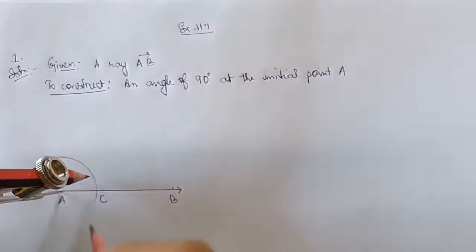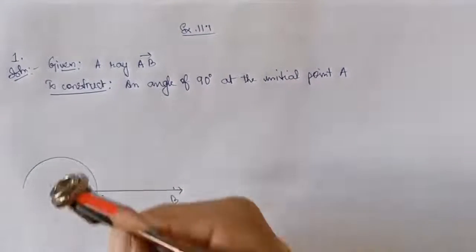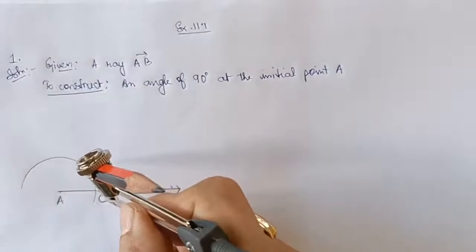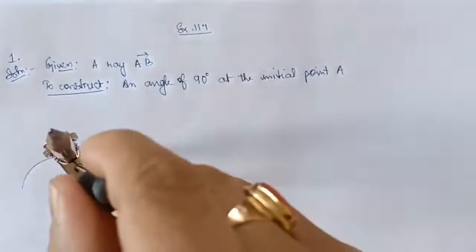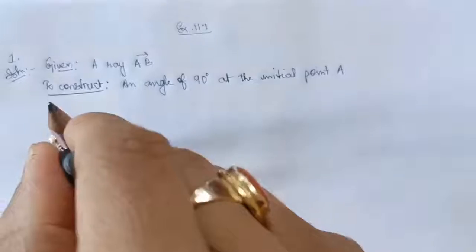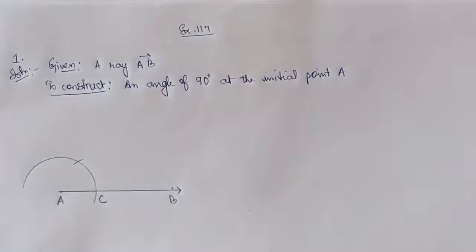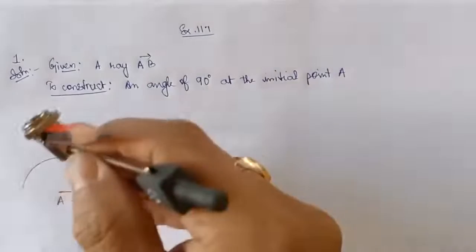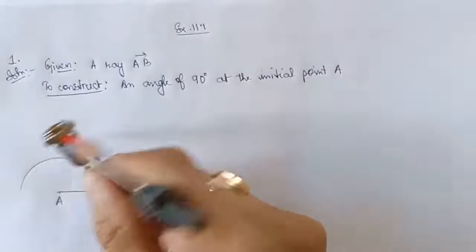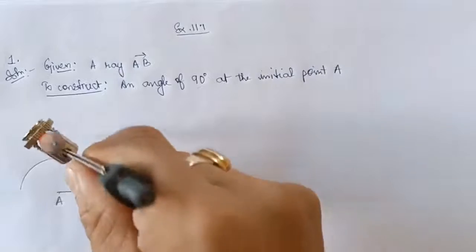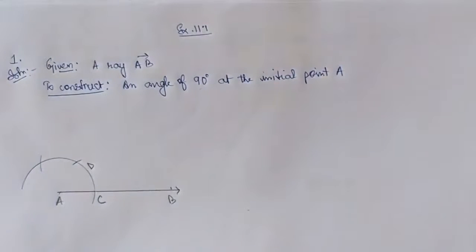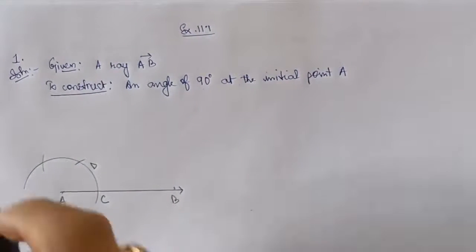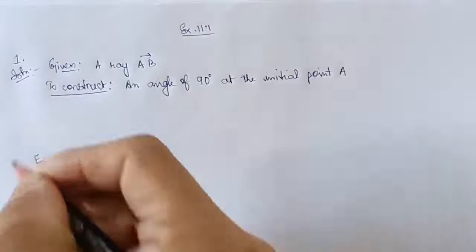Let us name it as C. Now with the same radius and with center C, we are going to draw an arc, cutting the previous arc at a point say D. Now again with the same radius and with center D, we are going to draw an arc intersecting the previous arc at a point say E.